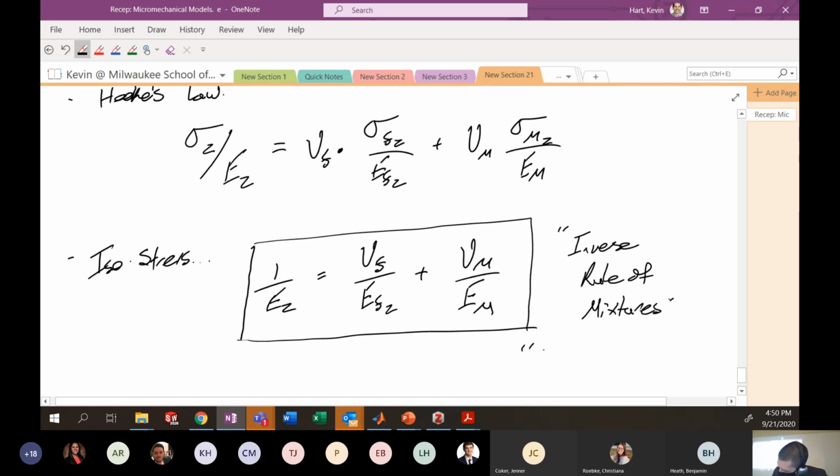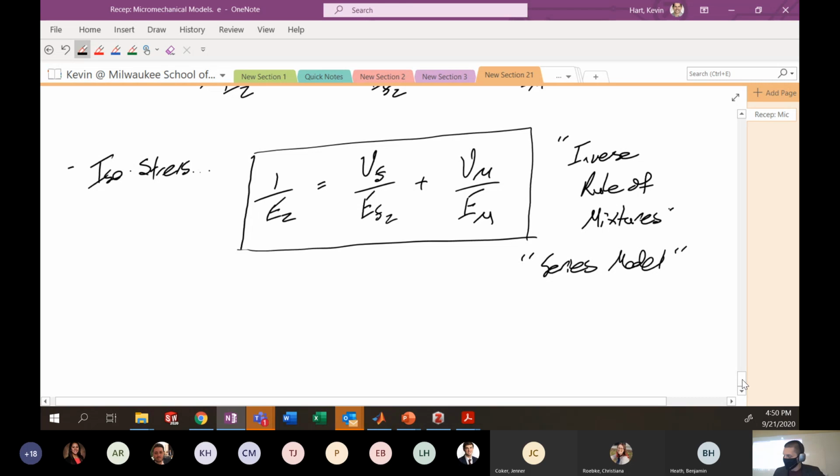Also known as the series model. Okay, baby! This is used for E2 and also G12.